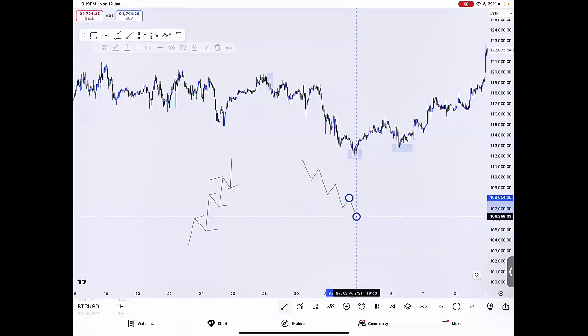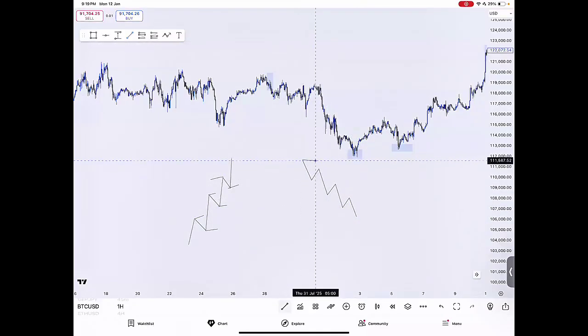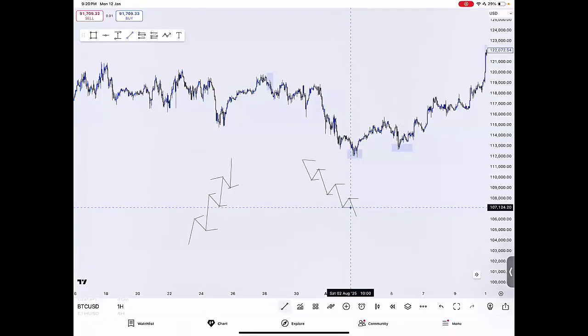Notice each next high that comes out will be lower than the previous one, and each low that comes out will take out the previous low. That is what makes up a valid downtrend. And for the uptrend, each high that comes out will supersede the previous one, and each low that comes out will also be higher than the previous one. That is what makes up a valid uptrend.